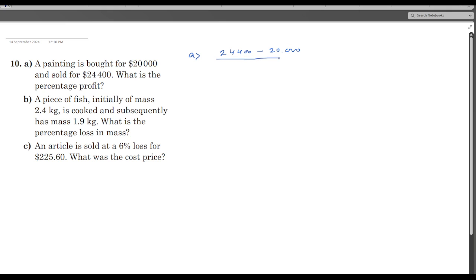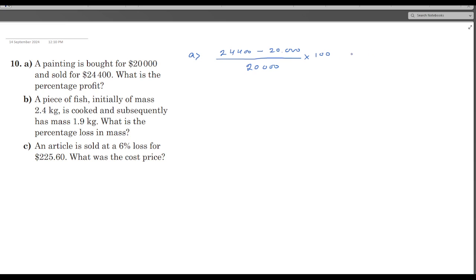And as I need to find out percentage profit, I will divide this profit by the original cost, which is 20,000, and multiply the whole thing by 100. This is my percentage profit.